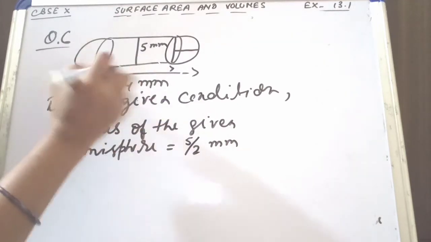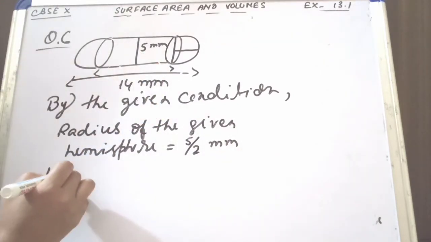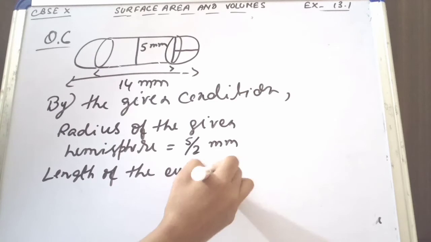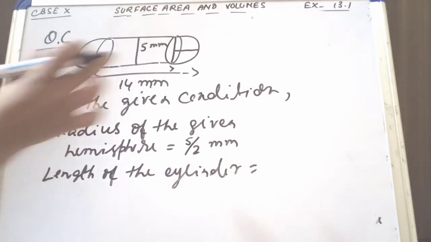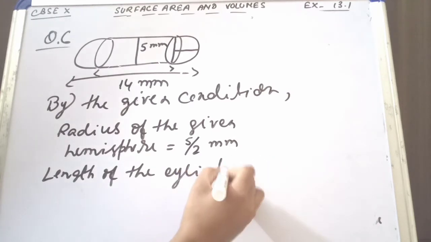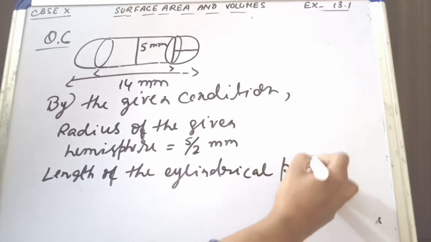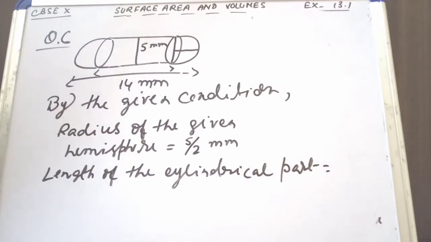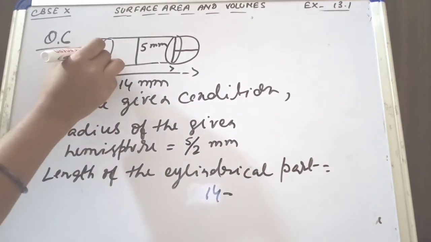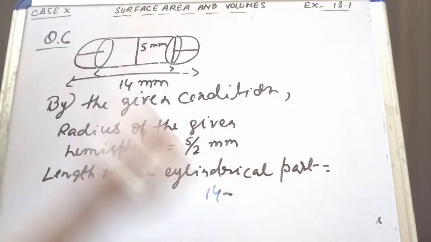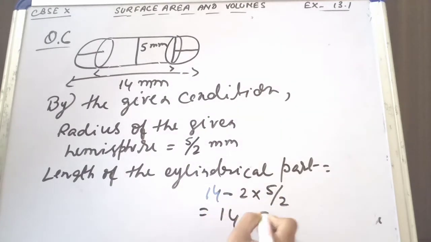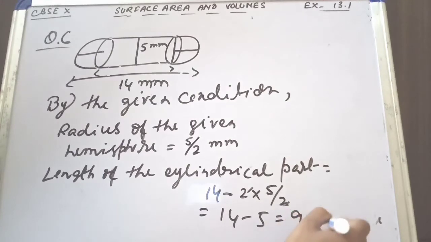Now the length of the cylindrical part is equal to total 14 minus this length, that means 2 times the radius, which is 14 minus 5, that means 9 mm.